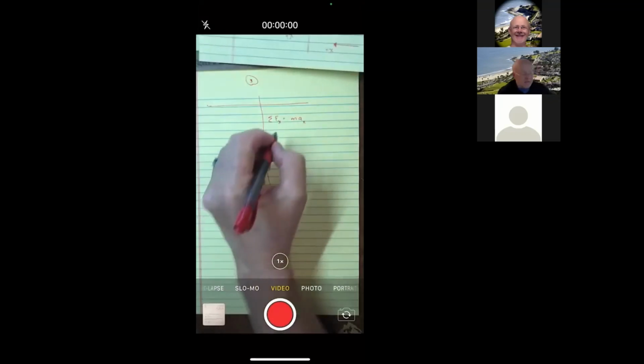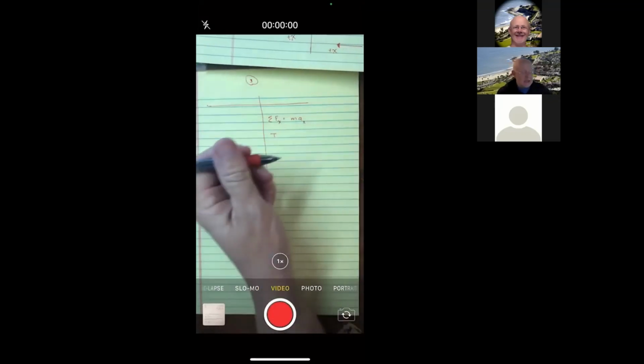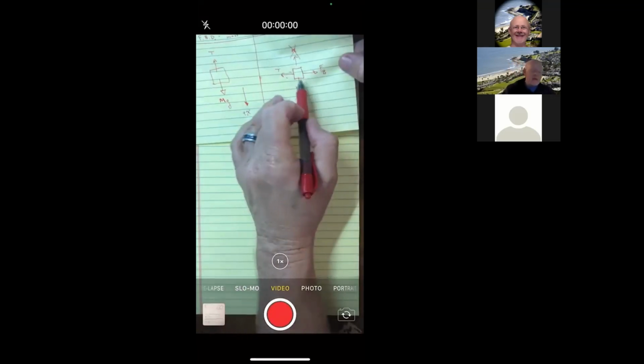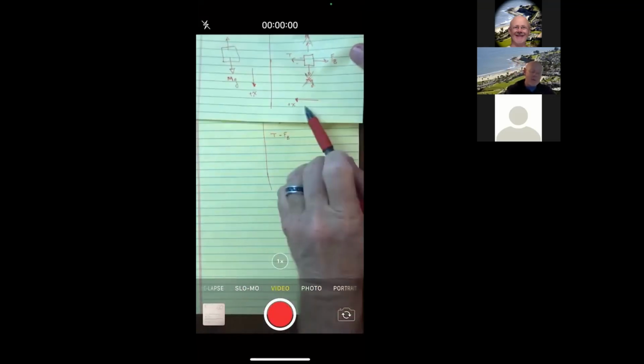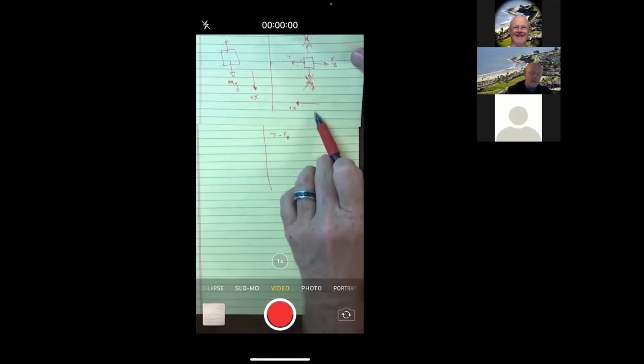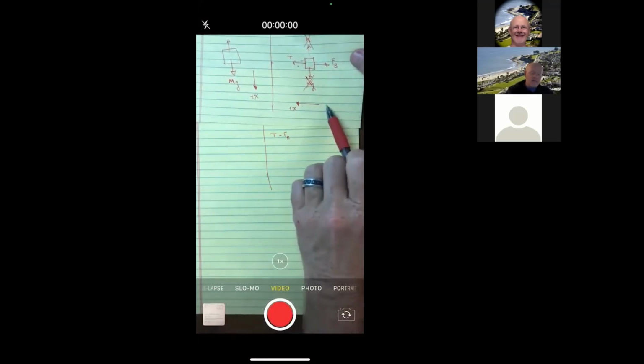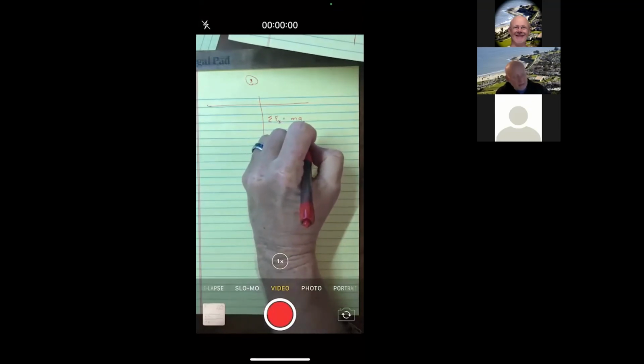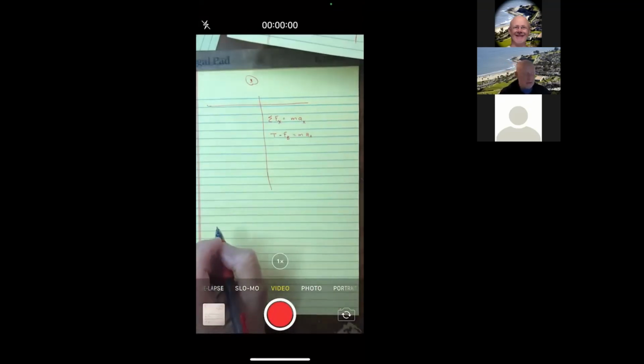I could look at these forces and say it's tension that way, magnetic force the other way, and magnetic force would be in the negative direction. That looks funny, but the right is my negative direction. And then that has to equal m times the acceleration in the x direction.